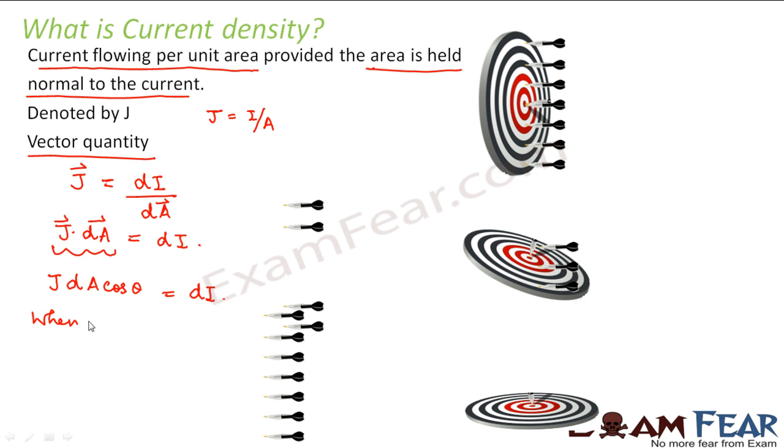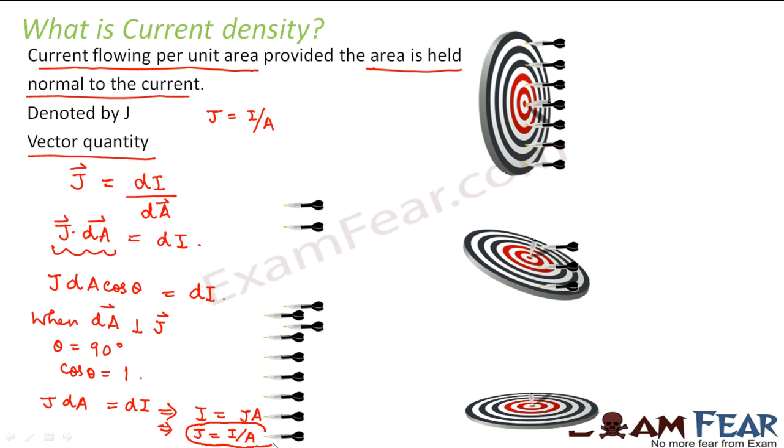Now when this area vector is parallel to J, theta will be equal to 0 degrees. Therefore, cos theta is equal to 1. Therefore, J dA will be equal to dI. So, we say that in this case I will be equal to J A, or we can say J is equal to I per unit area. So J is equal to I per unit area is true only when the area vector is held normal to the direction of the current.